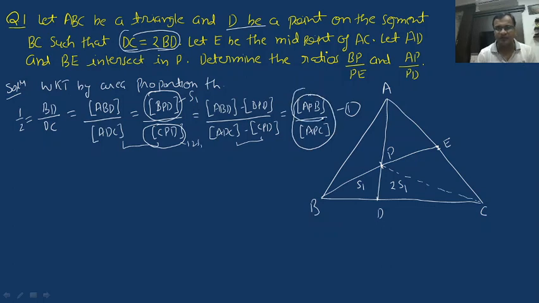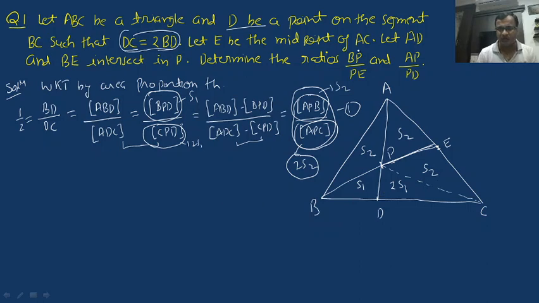If we suppose the area of triangle APB is S2, then the area of triangle APC becomes 2S2. Look at triangle APC. PE is the median of triangle APC, and a median bisects the area. Therefore, if the area of triangle APC is 2S2, then the area of APE is S2 and the area of PEC is also S2.